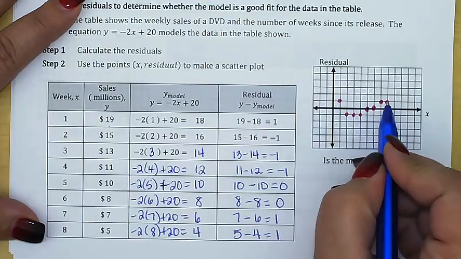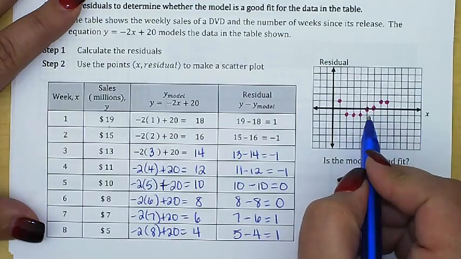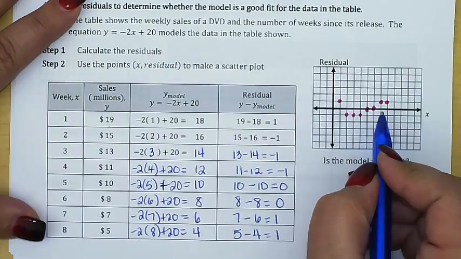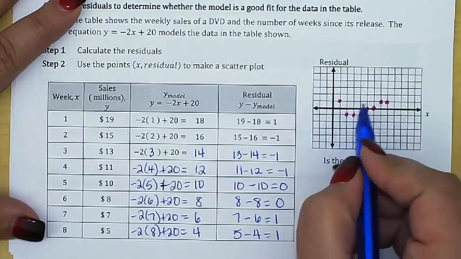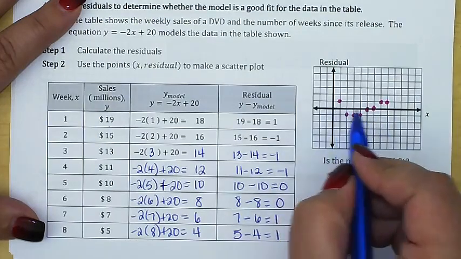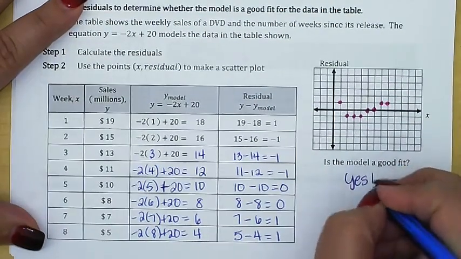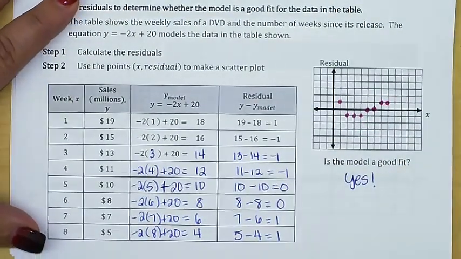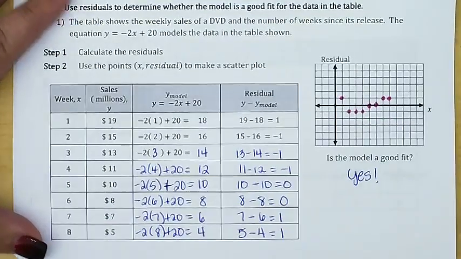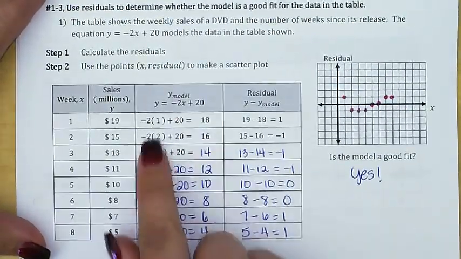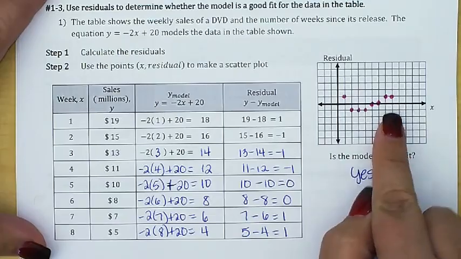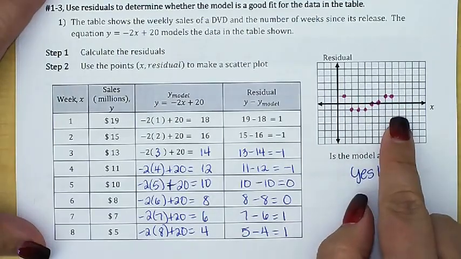So we had just 3 points above 0, 3 points below, 2 right on the mark, and they're all pretty close to 0 here. They're all either -1, 0, or +1. This is a good example of a line that is a good fit to the data. Okay, so that's a residuals table. This is how you calculate it, then you graph it, and you analyze that.